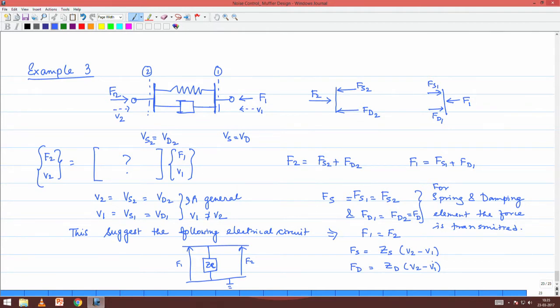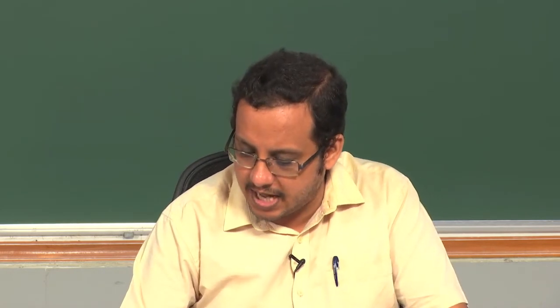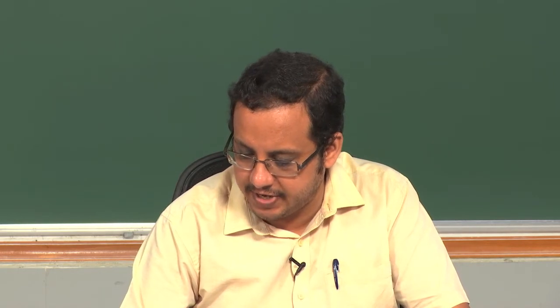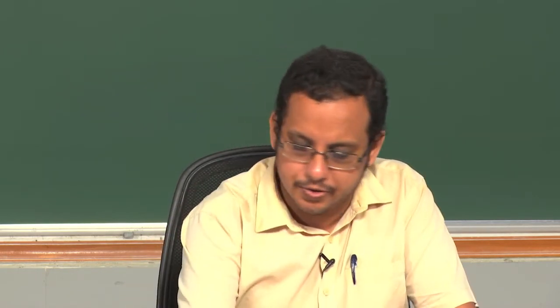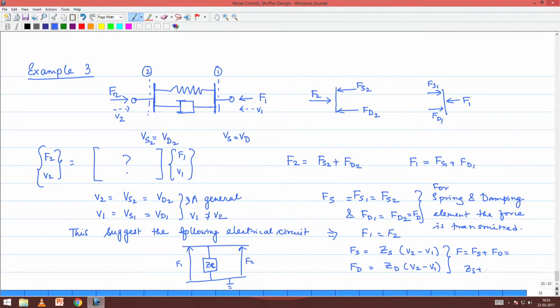We already have this relation that the force that is getting transmitted by the spring is related to the impedance of the spring multiplied by the relative velocity between the input and the output, right. Same with the damper. So, these two relations now suggest that F, which is equal to Fs plus Fd, must be equal to Zs plus Zd into delta V, right.